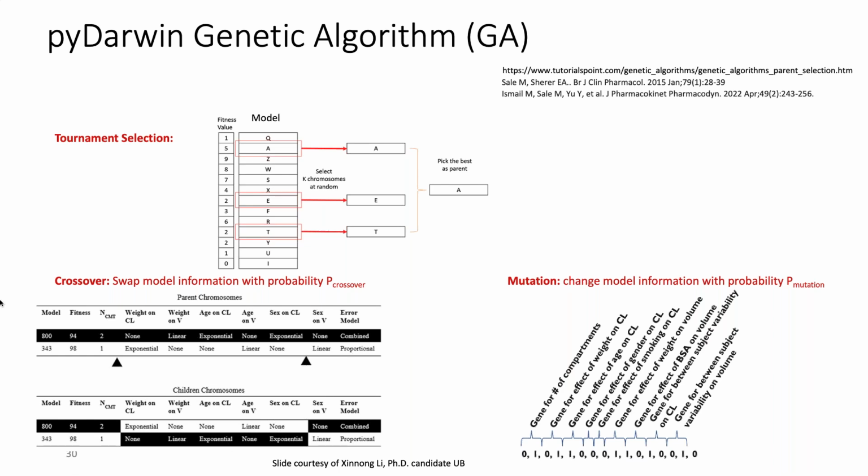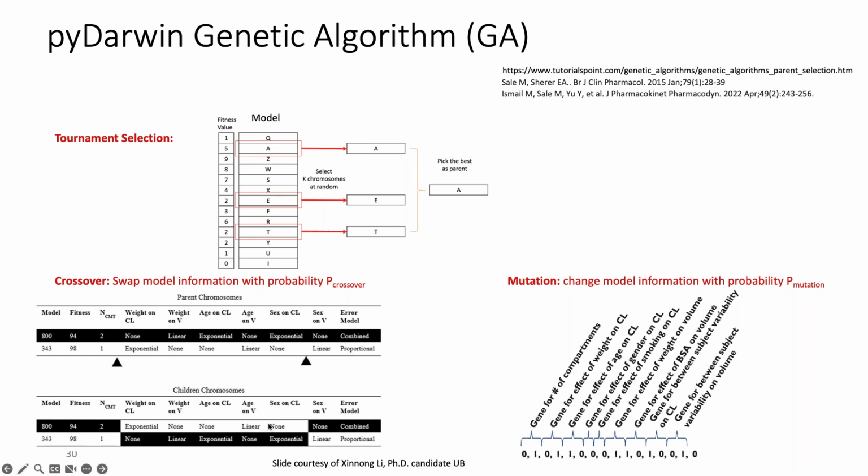So we go from a two-compartment model with no effect of weight on clearance, a linear effect of weight on volume, an exponential effect of age on clearance, and an exponential effect of sex on clearance, a combined error model, and that switches with the other elements in model 343. So we now have an exponential effect of weight on clearance, no effect of weight on volume or age on clearance, a linear effect of age on volume.